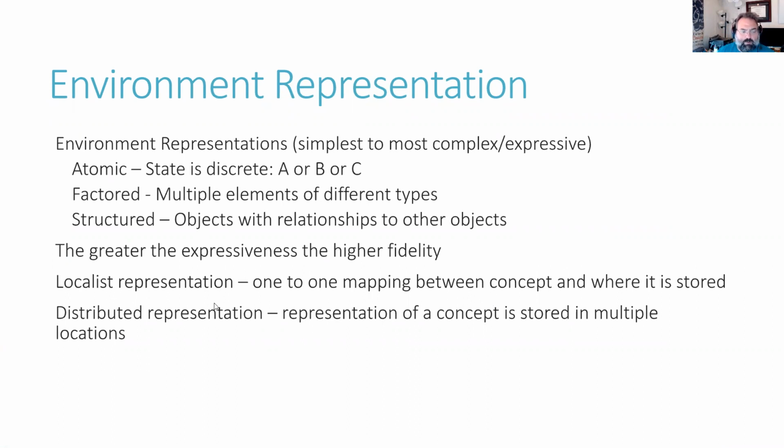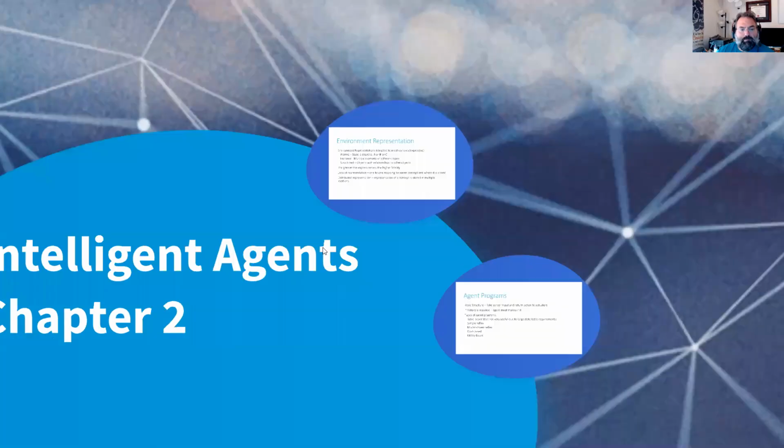There's a localist representation, a mapping between a concept and where it is stored, and a distributed representation, where multiple concepts stored in multiple locations represent a single thing.